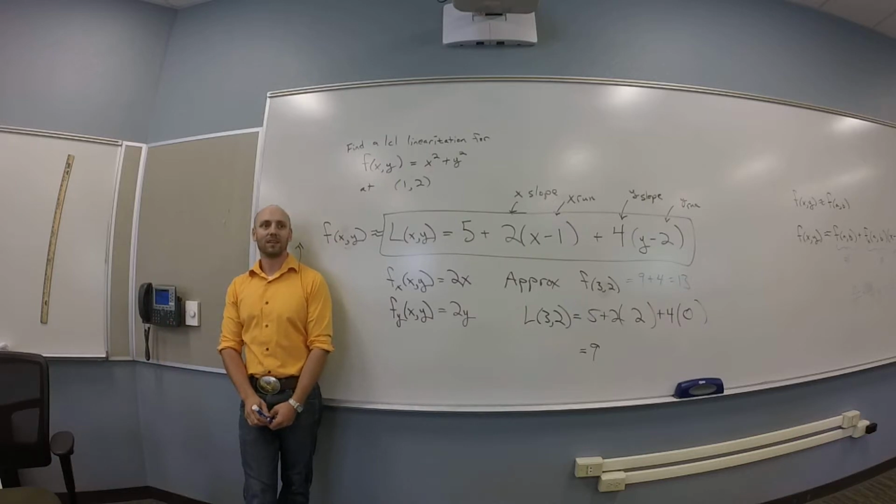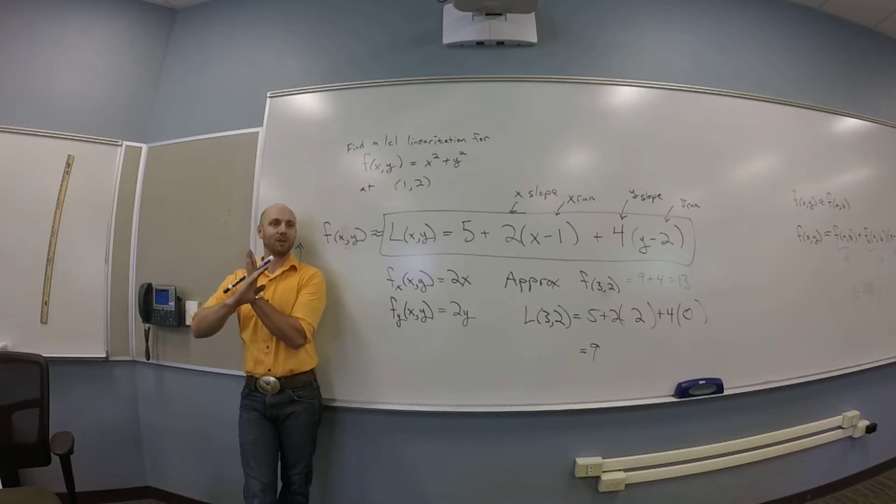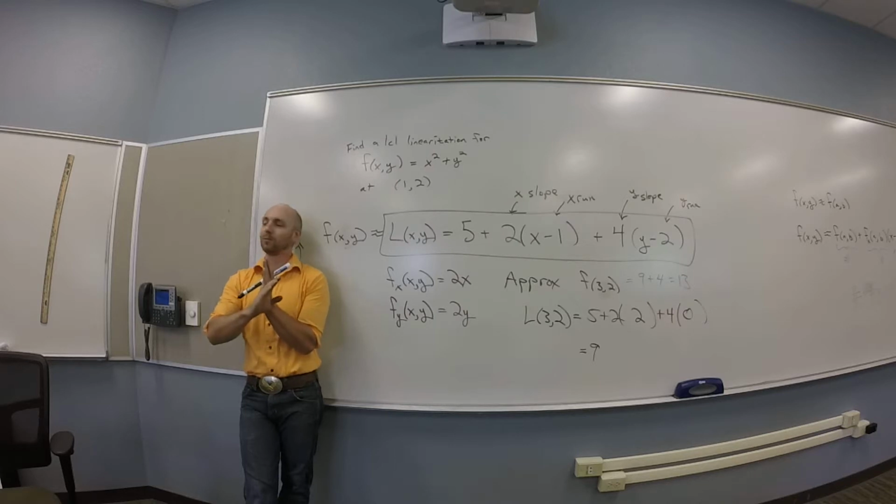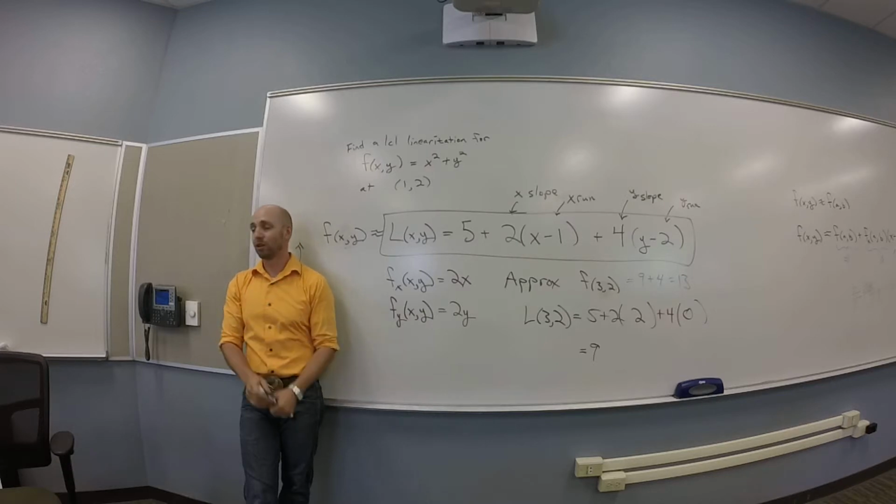You guys see that? When this thing gets steep, your linearization gets steep too, but the rate of pickup is going to be pretty high up there. So this approximation is going to be pretty good locally, but locally might get smaller depending on where you are on the function. You guys all see that?